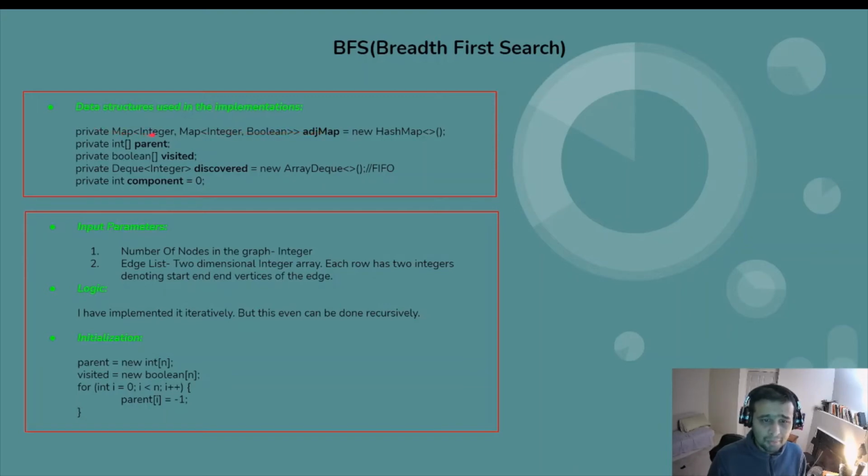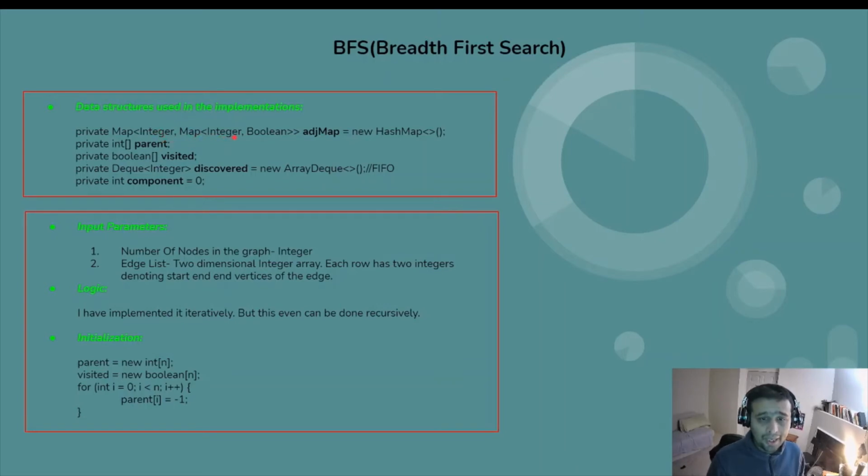This is the structure. It is a map of integer and another map, and this inner map is a map of integer and boolean. So the integer is the node in the graph, and this map will have all the neighboring vertices of that particular node.